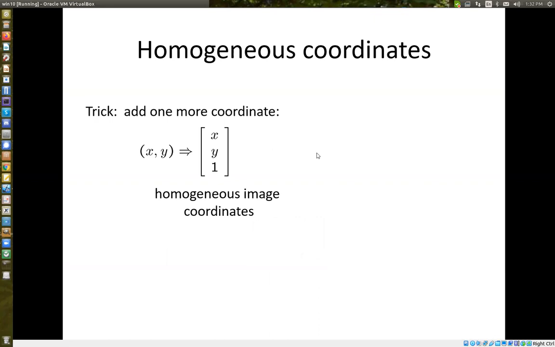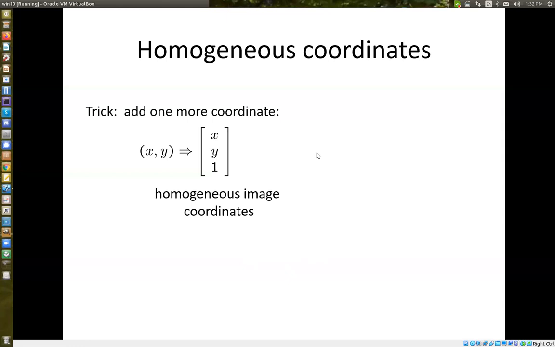Just a quick review again of image warping. Remember that for translation, we want to put all these image transforms, affine transforms, into a matrix multiplication. And it cannot be done without introducing this homogeneous coordinate.